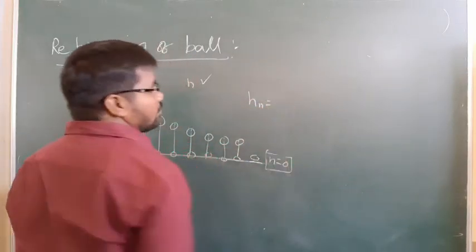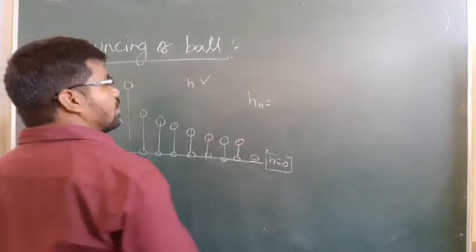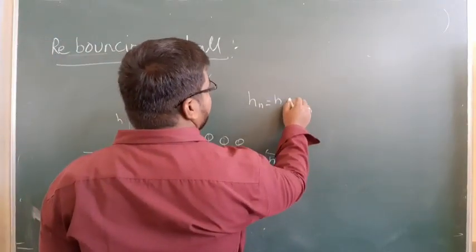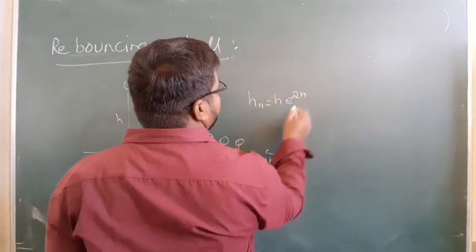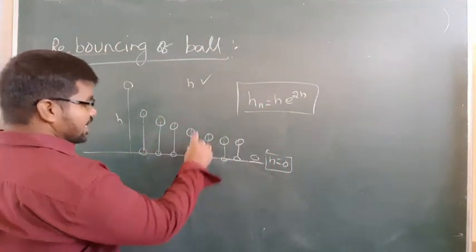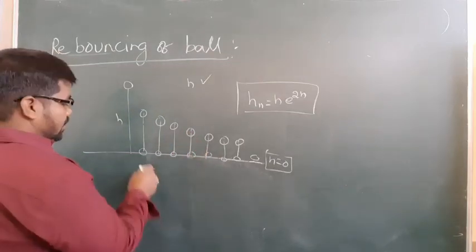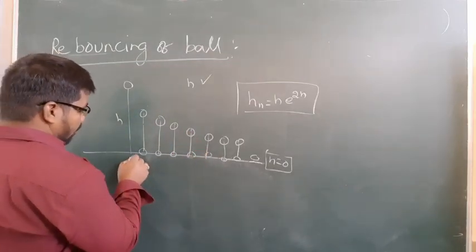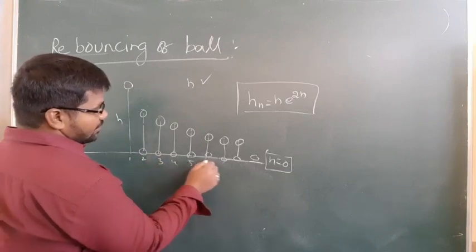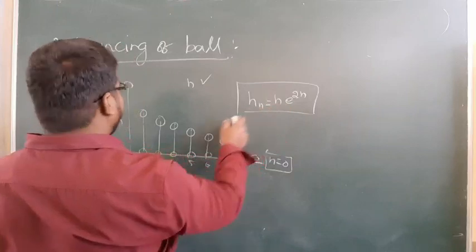Hn is equal to h into e power 2n. Hn is the height of the nth bouncing or nth collision, where n is 1, 2, 3, 4, 5, 6, 7, 8 and so on, and h is the initial height.